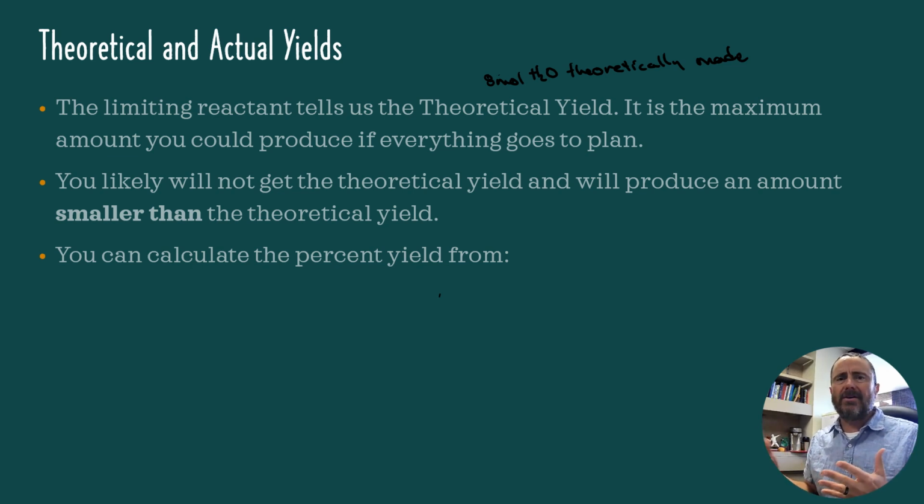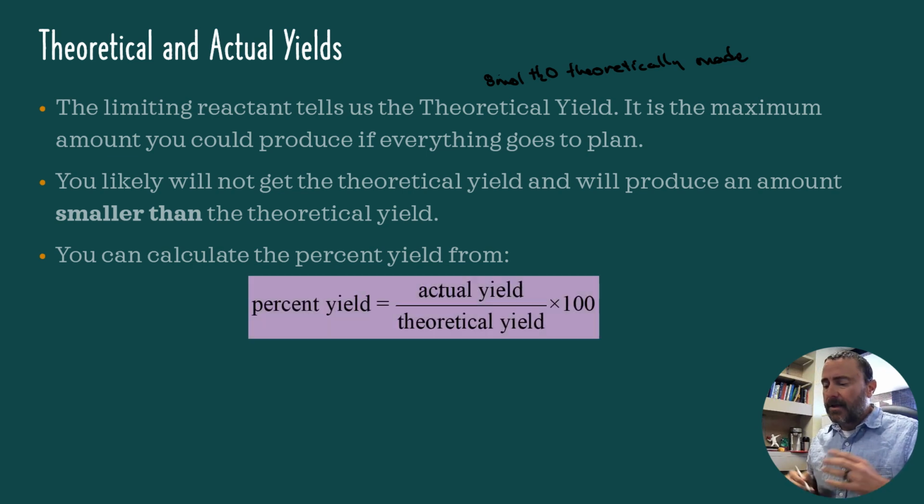Or maybe you've got things floating around in solution, and in order for them to react, they have to come into contact with each other. Maybe they just never do, and so the reaction can't take place. So the actual yield is always going to be smaller than what you theoretically think you're going to be able to make.